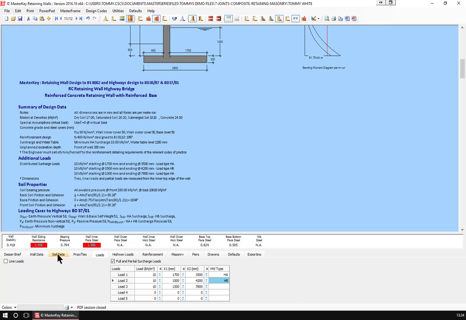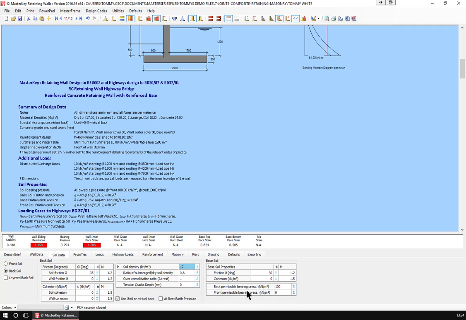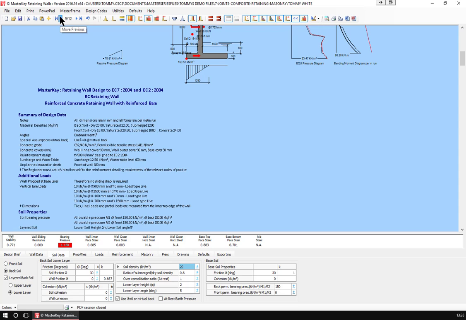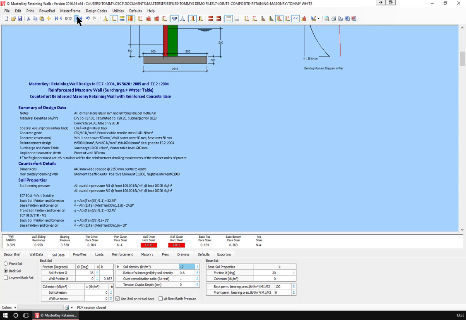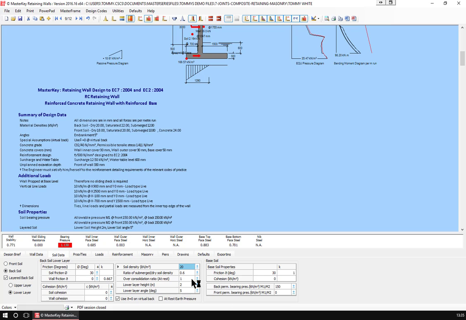One of the few things people don't notice is that we are able to put in two different bearing stresses. If I was to go to one of my full Eurocode designs, possibly that one, you'll see that it's the back pressure. Now we are assuming M1 and M2 are using the same bearing pressure, but if your circumstances require, you could judge to use them at different instances in each of the M1 and M2 situations.